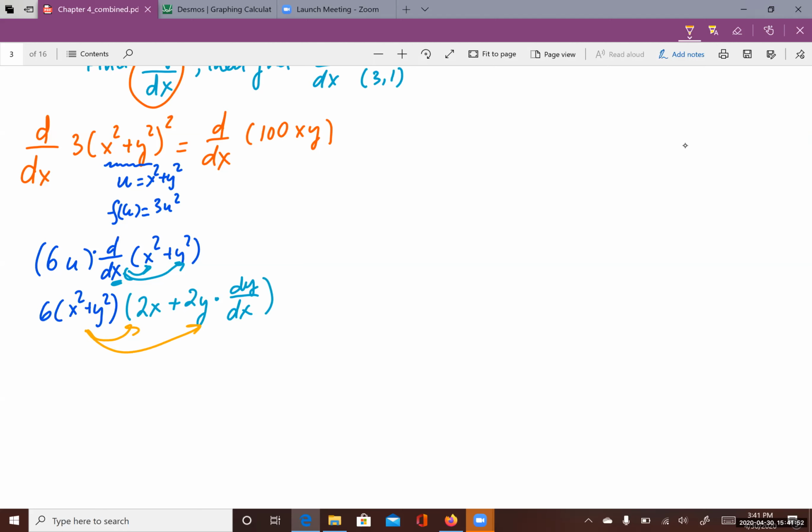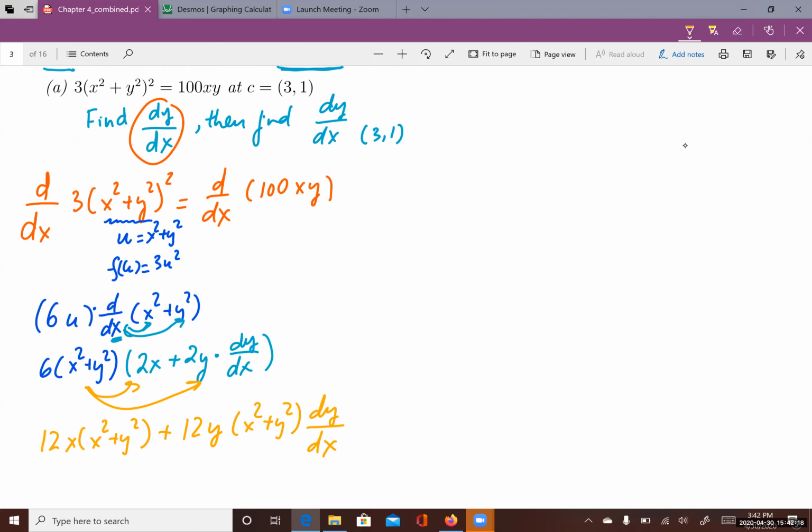So you get 6 times 2, which is 12x(x squared plus y squared) plus 12y(x squared plus y squared) dy/dx. Okay, so now I have my dy/dx term separately. It can be done for the left side now.